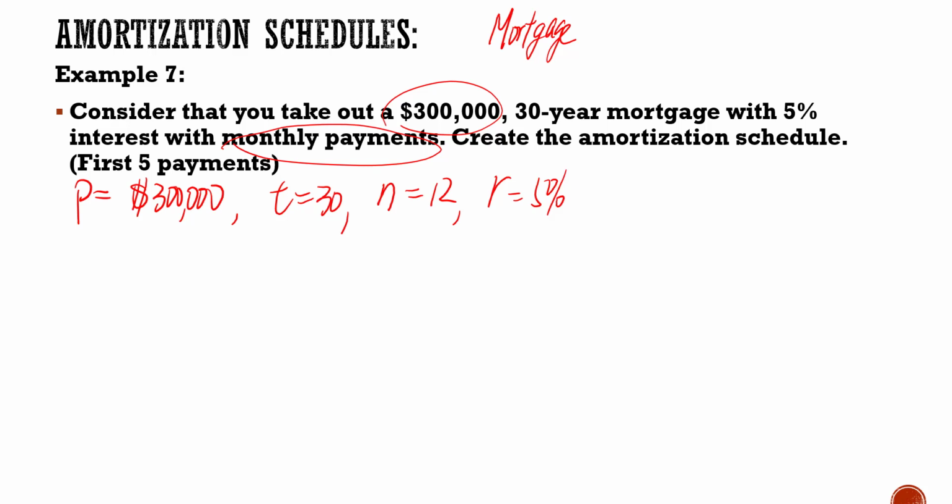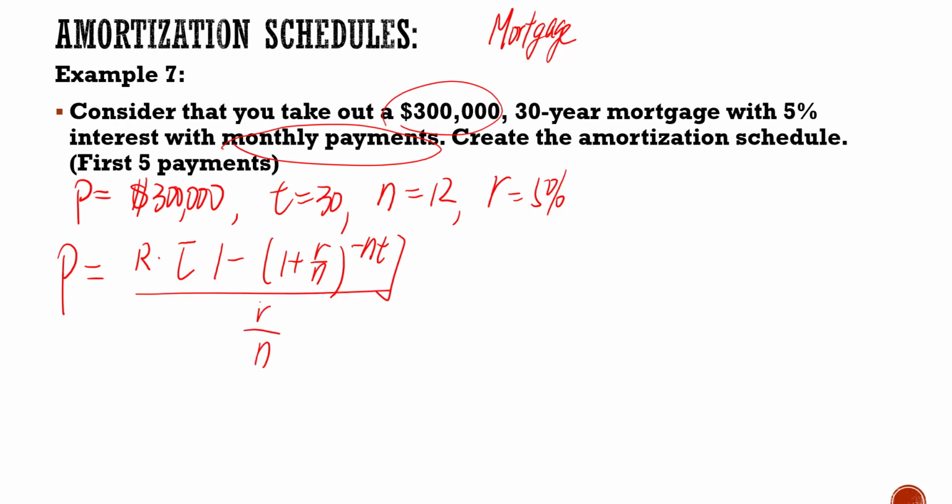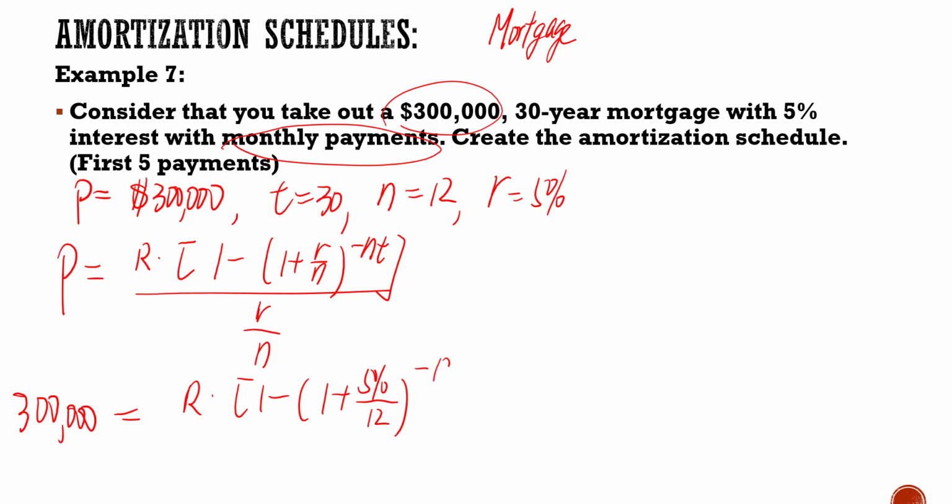First of all, let's find out the regular payment. Present value of annuity equals regular payment times 1 minus 1 over n to the power, over r. Putting in all the numbers: 300,000, regular payment times 1 minus 1 plus 5% over 12, raised to 12 times 30, 360 payments over the life of the mortgage, over 5% over 12.